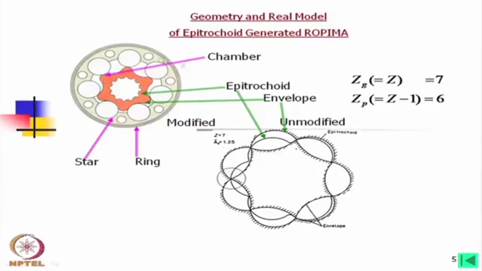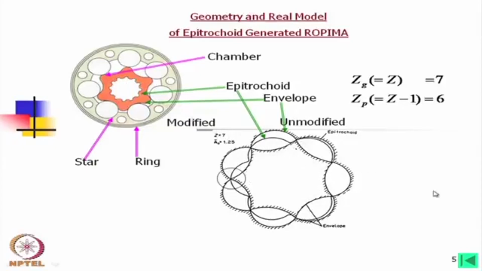If we allow this circle to rotate, giving the reverse motion, then we will find a profile which is parallel to this, I mean parallel to this inwardly shifted profile. Okay. So, this profile is the star profile, whereas these rollers become the envelope of this.